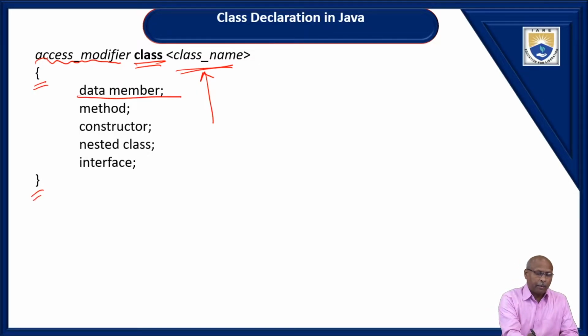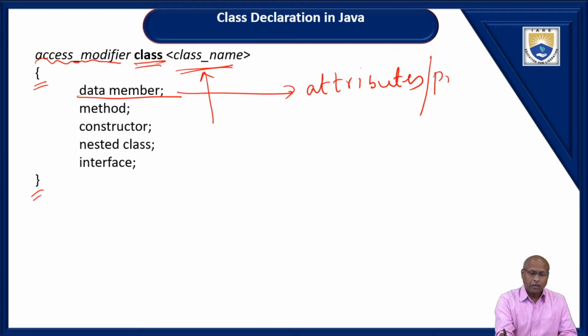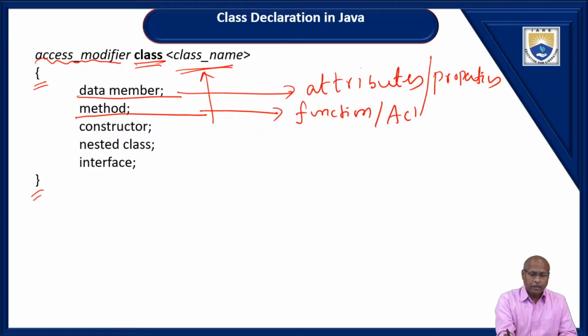Then you have to write the data members, that means your attributes, or you can say properties. First of all, you have to define what are the data members for the class. Then you should write methods, also known as functions, or also known as actions.